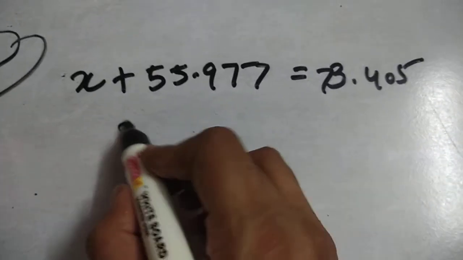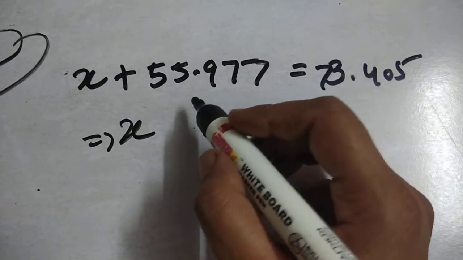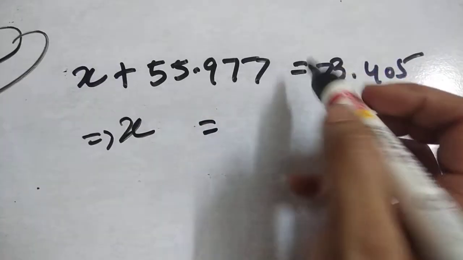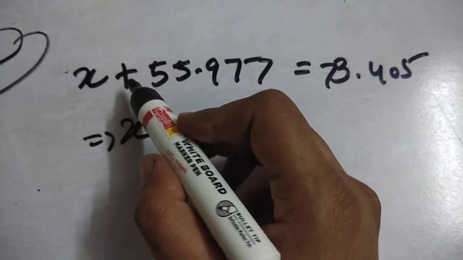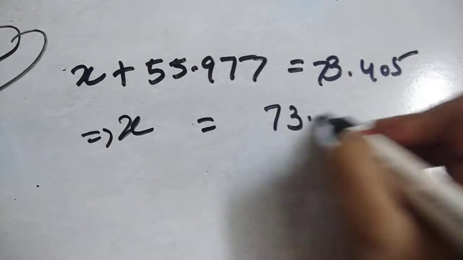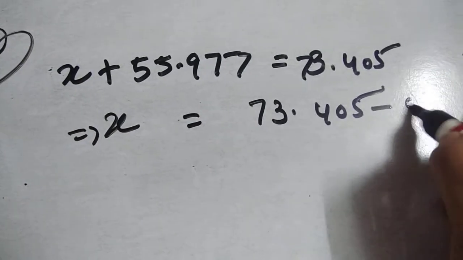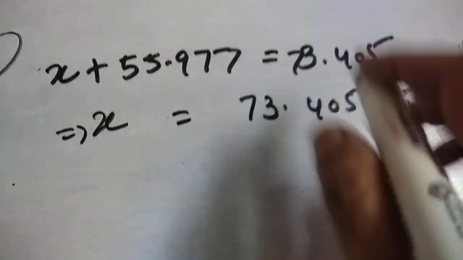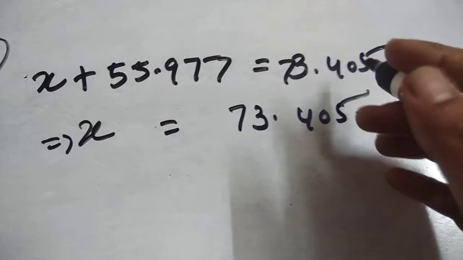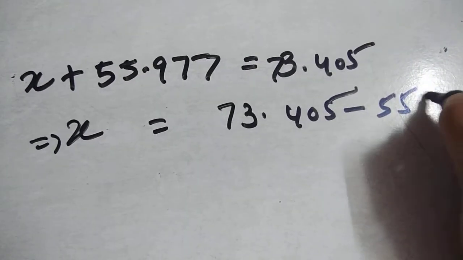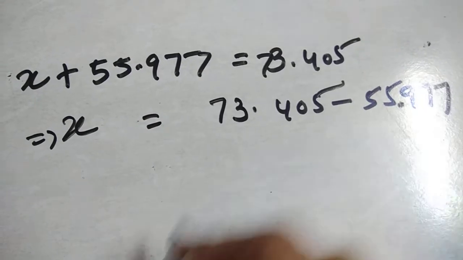So for finding the value of x, if we shift LHS to RHS or RHS to LHS, the sign changes. So the positive sign becomes negative because we are changing the position. We are shifting this to the right hand side, so its sign changes.